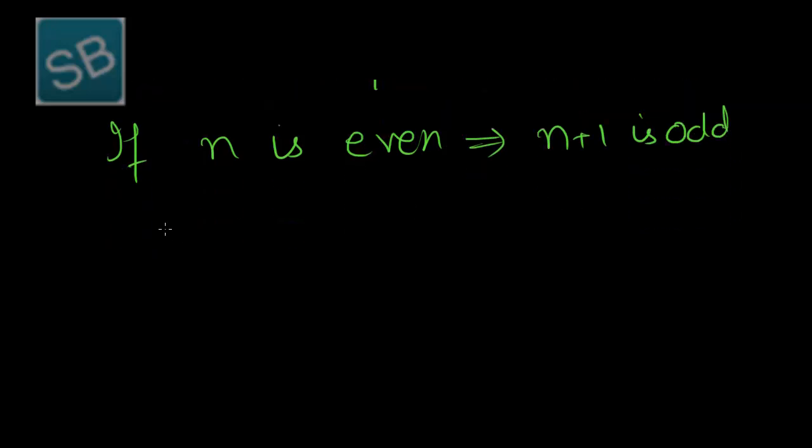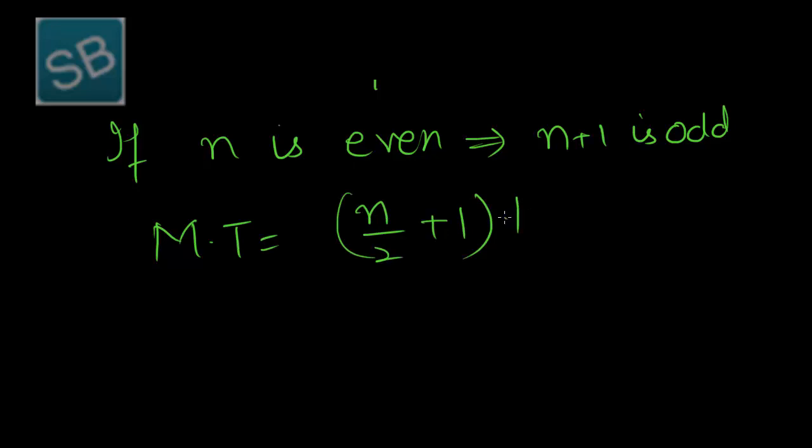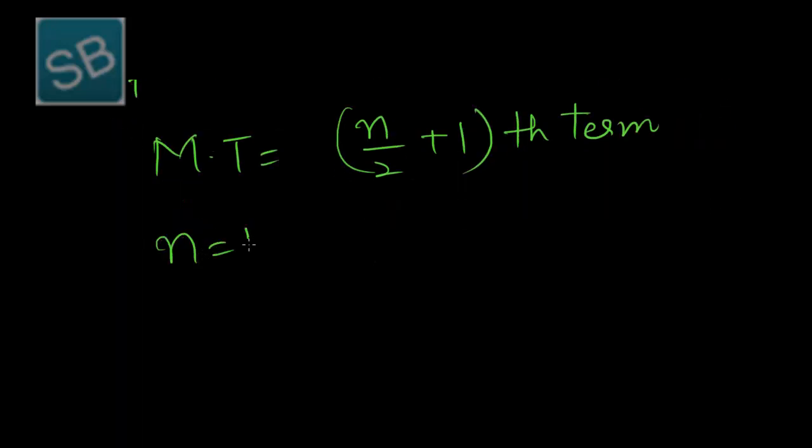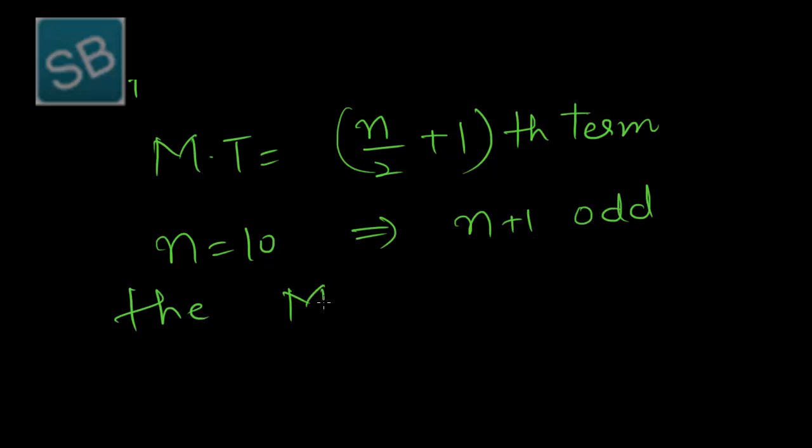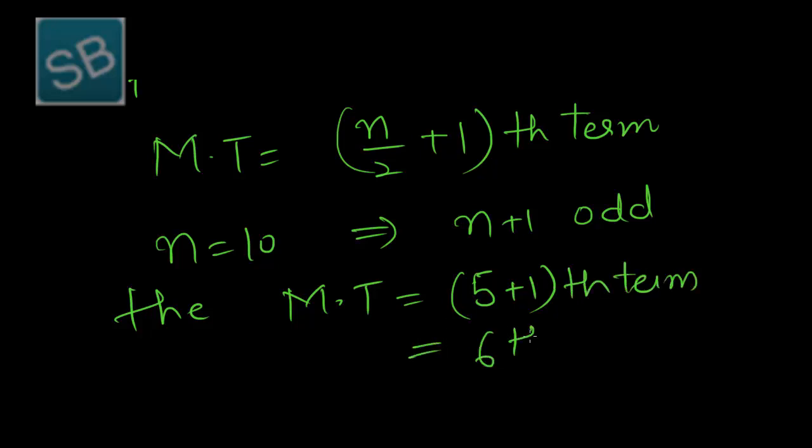Then the middle term will be the (n/2 + 1)th term. That is, if we have n is equal to 10, then n + 1 is odd, and the middle term will be 10/2, that is 5, plus 1 term, that is the 6th term. So we have to find T6 to get the middle term.